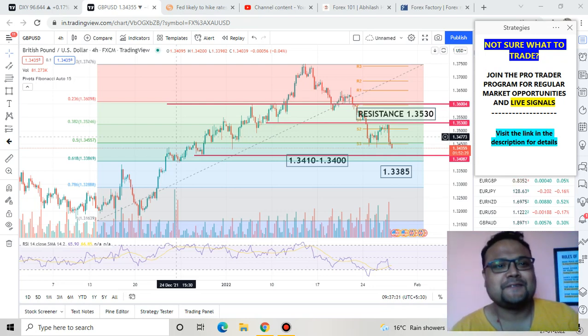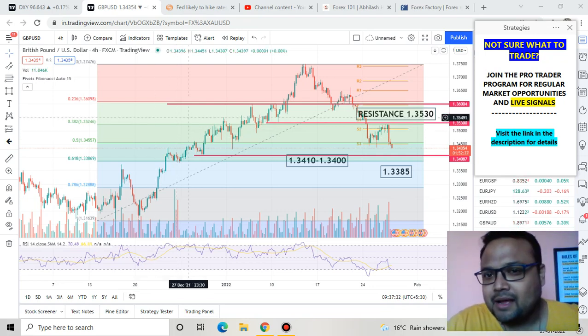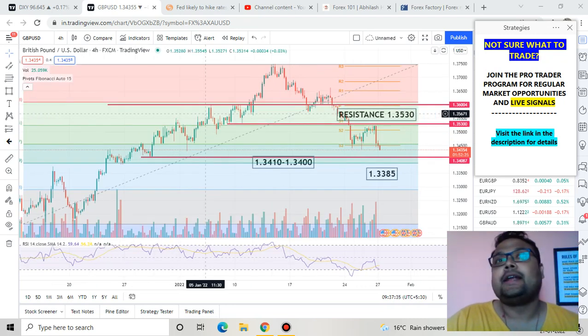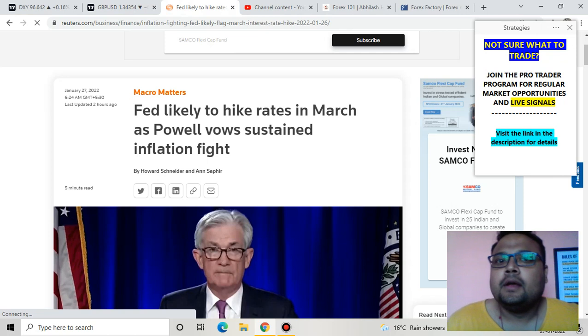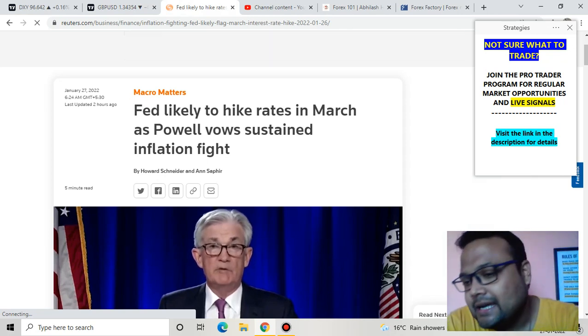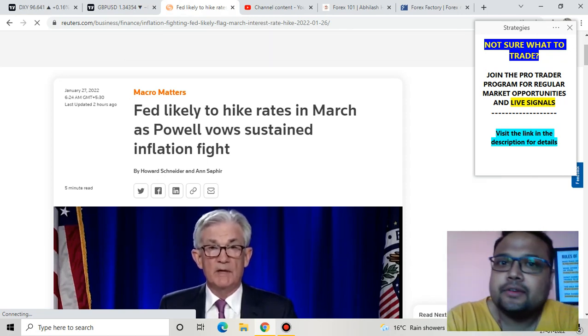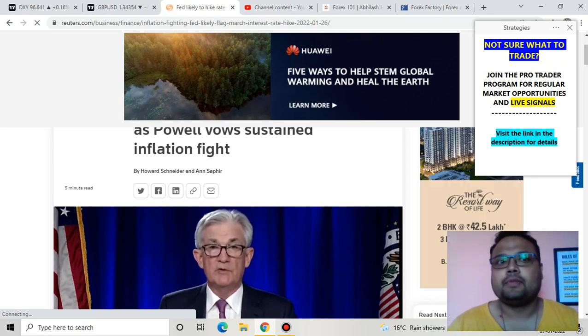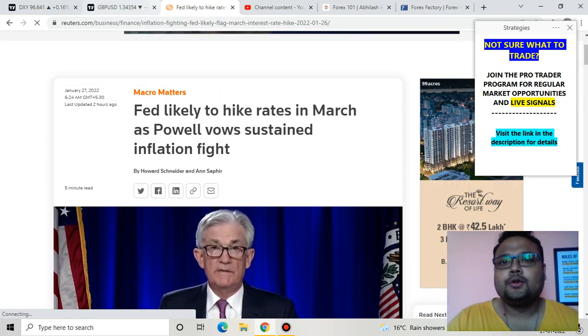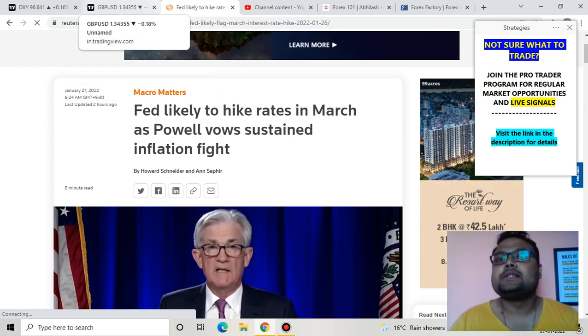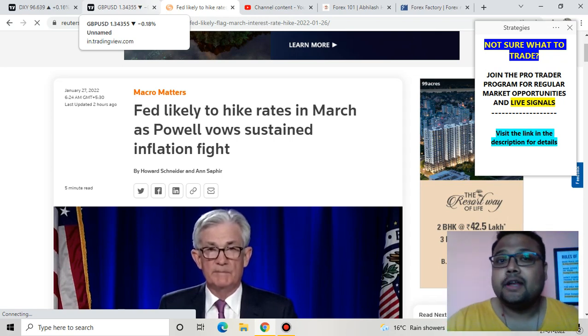So let's get started. The market became extremely volatile after the Fed decided to increase interest rates by March. As we all know, these are the market driving factors, and there was huge volatility in the market.